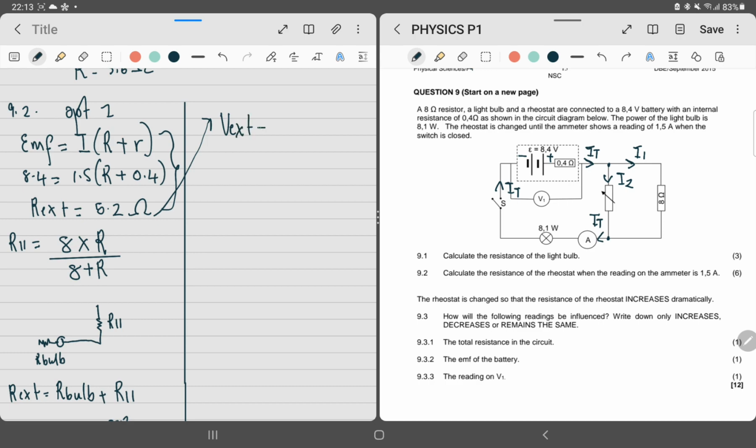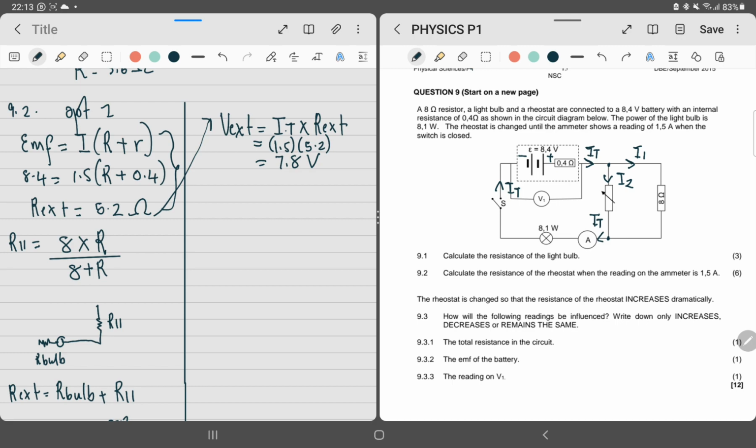V external should be equal to I total multiplied by R external. So the total current is 1.5, and then R external is 5.2. So I'm getting 7.8 volts.